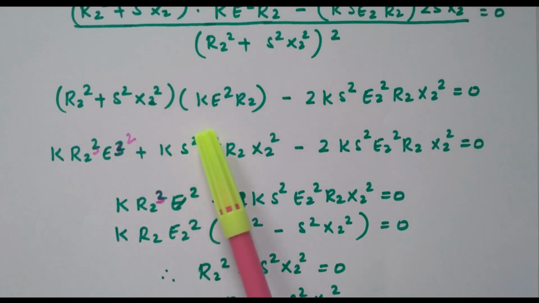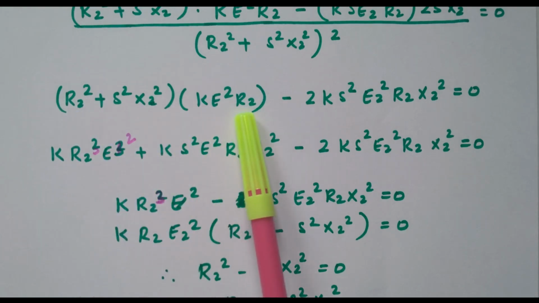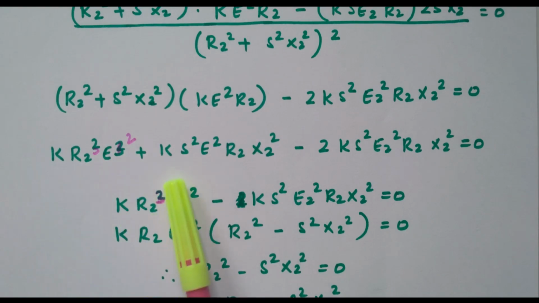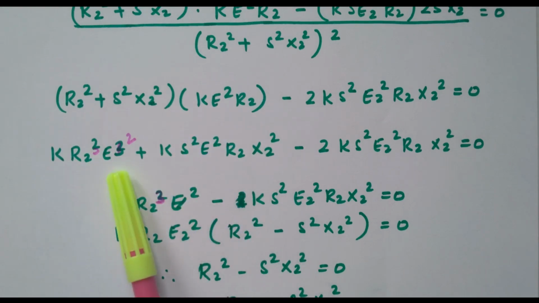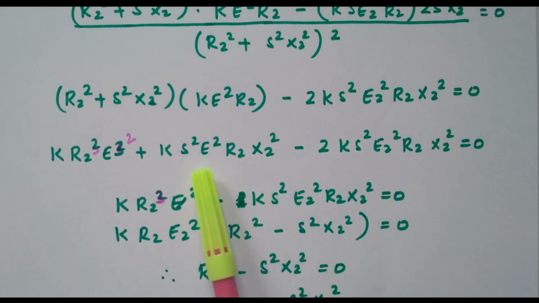While multiplying this, this r2 is cube, this e is only square, right? k r2 cube, because here r2 square is available, here r2 is available, so r2 cube, then e2 square into this value, right? Only a small correction: here r2 cube e2. So again, this value is available 2 times, this is a similar value, so 1 minus 2 is minus 1.